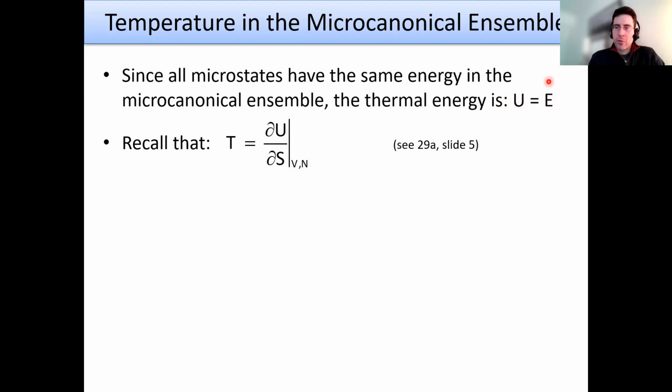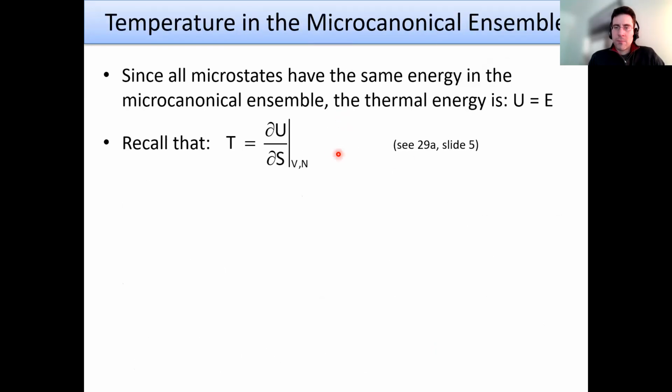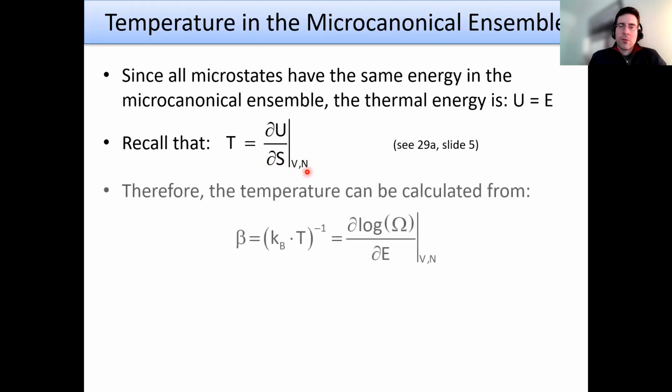So this thermodynamic potential is equal to this energy that we fix the system in. And then if we want to find the temperature, we can use a thermodynamic relation, going back to our memorandum on classical thermodynamics. So temperature is equal to the partial derivative of U with respect to S for given volume, given number of particles. Okay, that's fine.